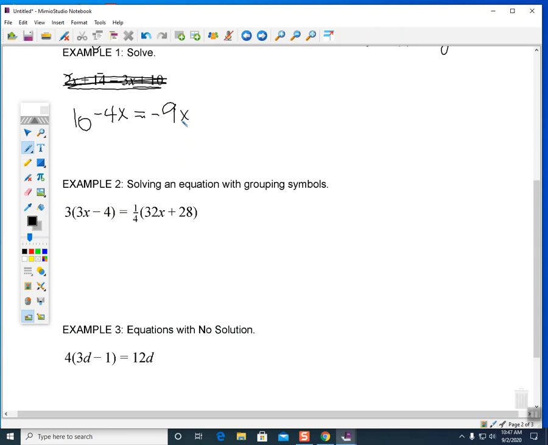Okay, so I want to start this. I can't combine like terms any more than I already have, so I'm going to start by getting my variables to one side. The easiest way I can see to do that is to add 4x to both sides.